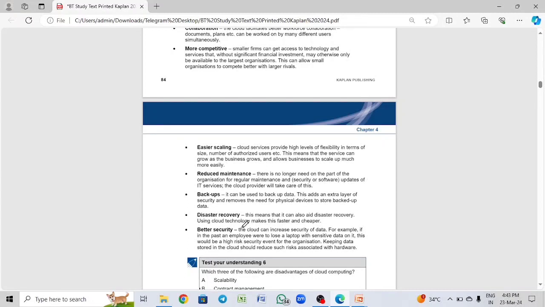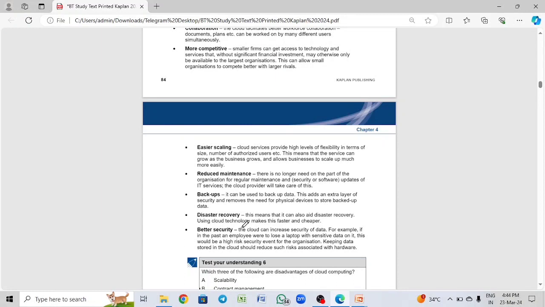Now, reduced maintenance. Cloud computing does not require much maintenance, unlike, for example, a database or an accountancy package, which needs to be upgraded or maintained on a regular basis.